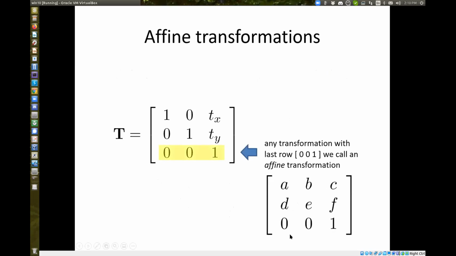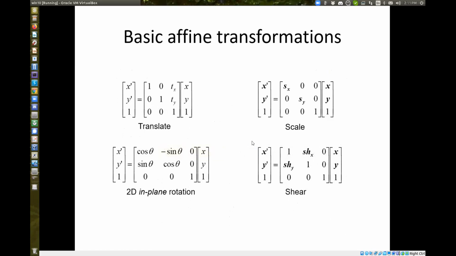In general, if I have this row here as 0 0 1, it will be an affine transform, and affine transform is closed in the sense that if you apply multiple affine transforms one at a time, the resulting transform is still affine. So we have several examples of affine transforms, right?